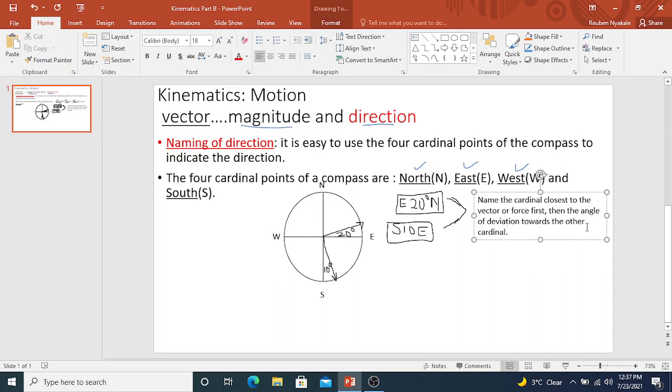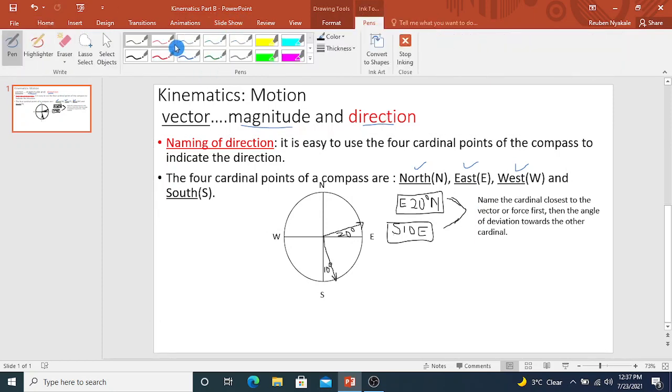Now, that which I did, it is based on this principle here. Right. Name the cardinal closest to the vector or force first.